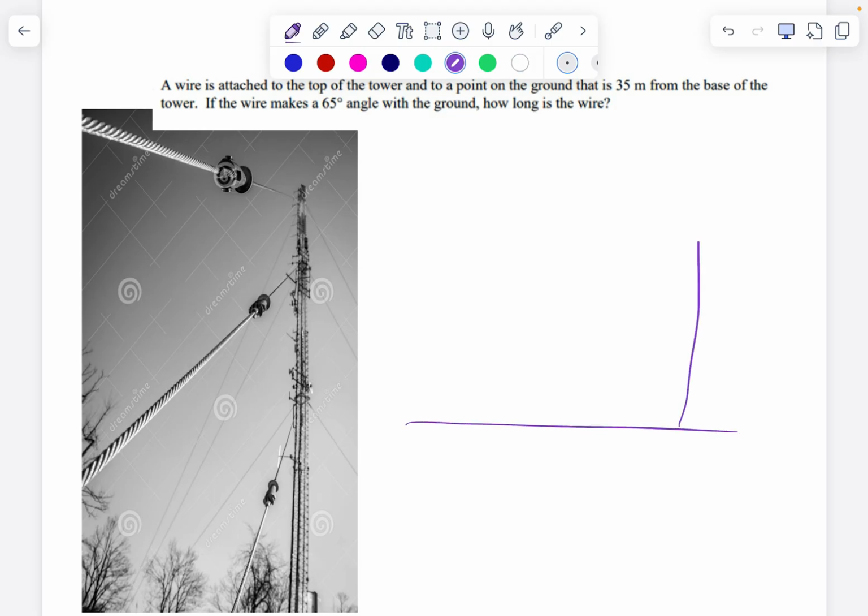Here's the scenario. Radio tower, cable hooking onto it, 35 meters from the base of the tower, and 65-degree angle with the ground. And we're trying to solve for the length of the wire. Okay, what would you use there? Side length, and now we're asking, is it a right triangle or not?